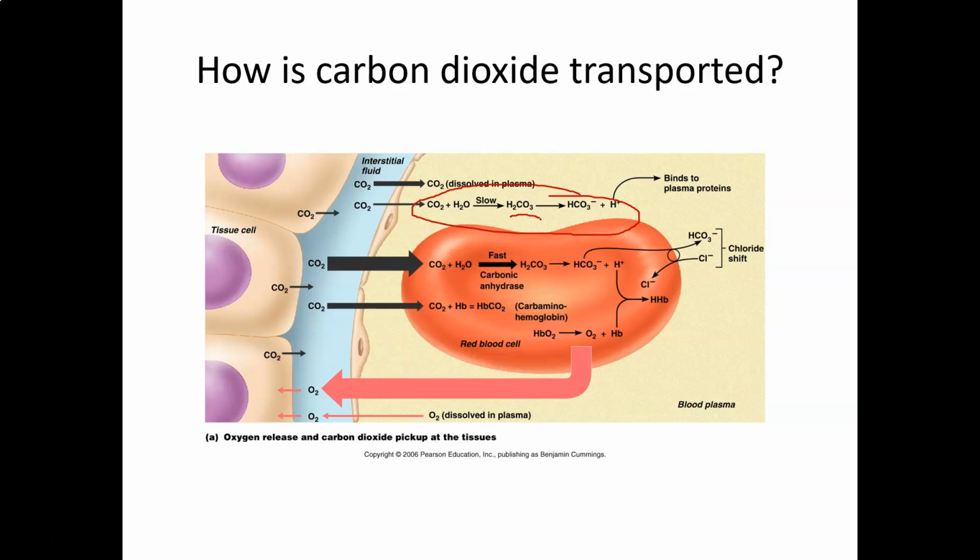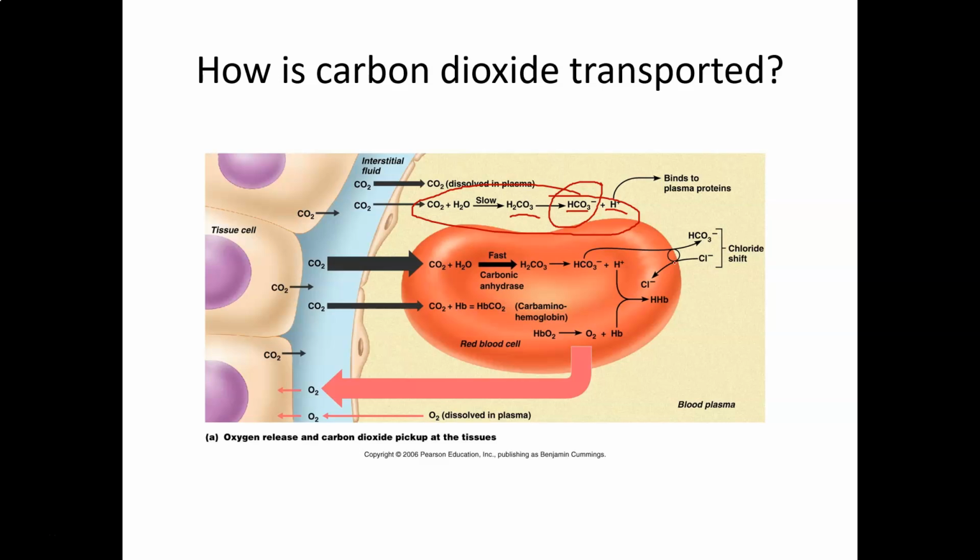Being that it's an acid, that's going to drop the pH of the plasma, which we talk about a little bit in lab 2. Carbonic acid is very unstable, and it splits into bicarbonate ion and then a hydrogen ion. Now, how is carbon dioxide transported through the bloodstream? Most of it is transported as bicarbonate ion.